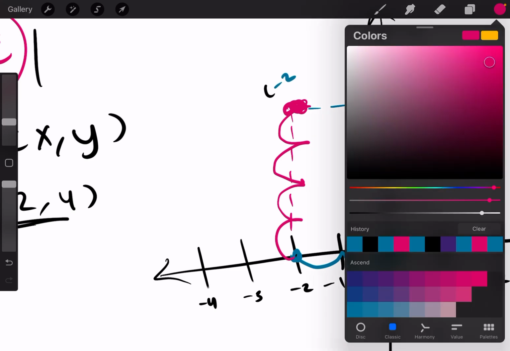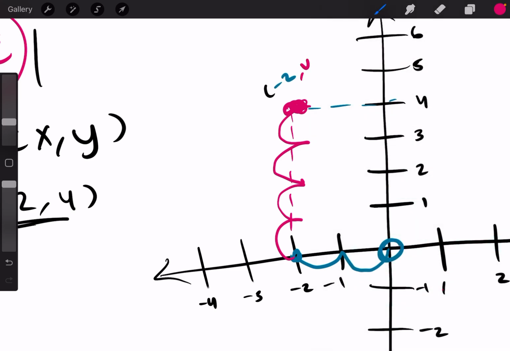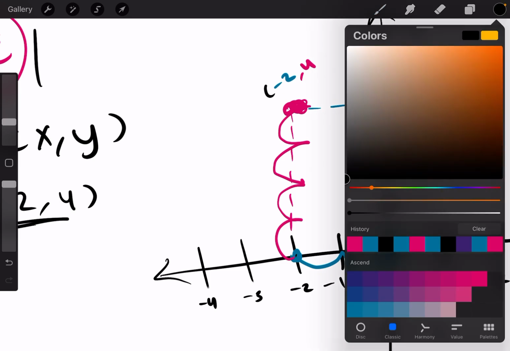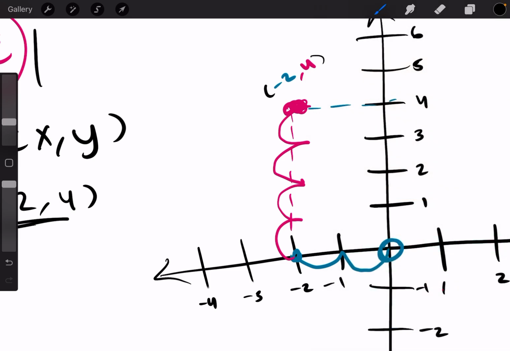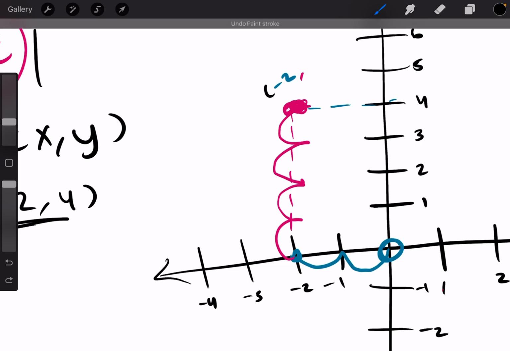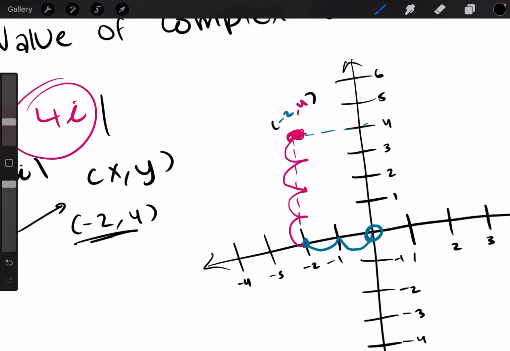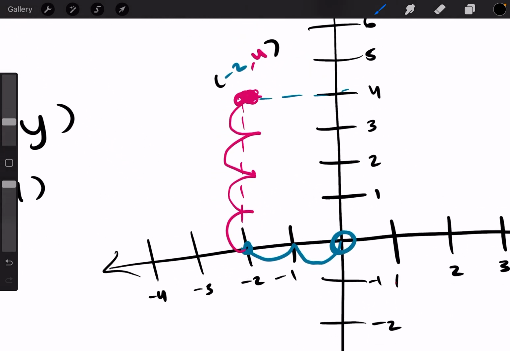That is how it should look. Sorry about that. Anyways, now finding the absolute value is kind of finding the distance from the origin to here.